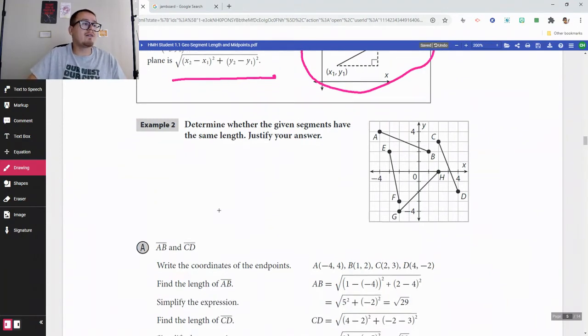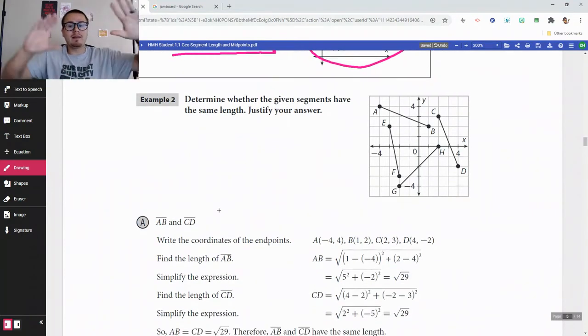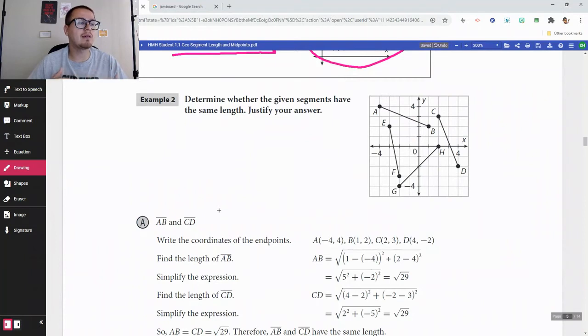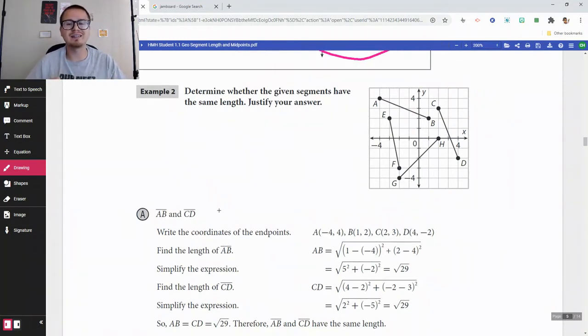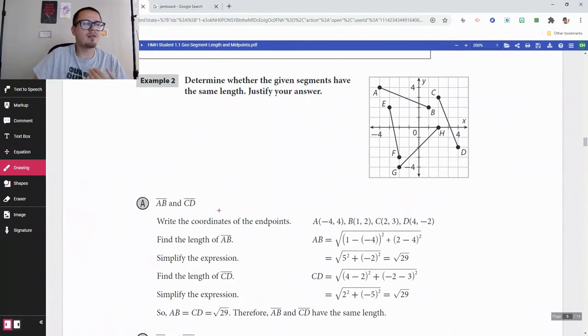Now you have a whole bunch of things here. Now they give you one full example. I don't really like jumping into their work, so I'm just gonna do my own, but I am gonna follow their kind of setup. Again, you don't need to do all this. You can do your own thing. So you have all these different line segments, right? You have AB or BA, line segment CD or DC, line segment HG or GH.